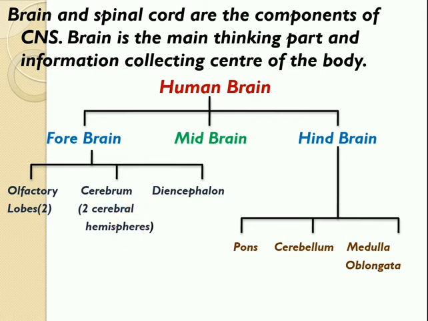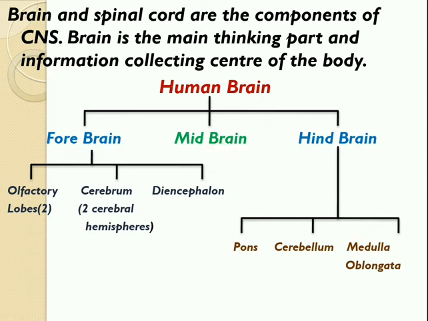Diencephalon, which consists of thalamus and hypothalamus part. Then midbrain also consists of various parts which play very important role in human brain, but details of midbrain are not in your syllabus. So we will study about the main parts of human brain.